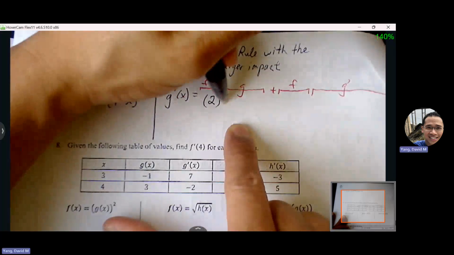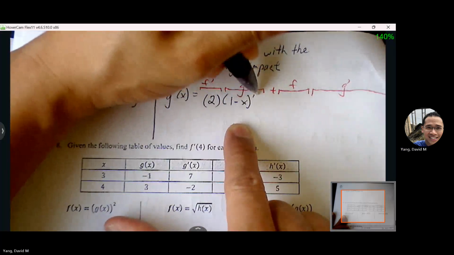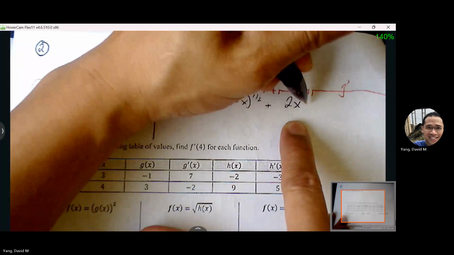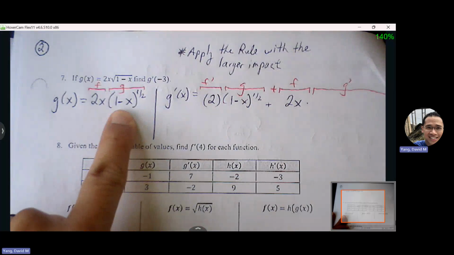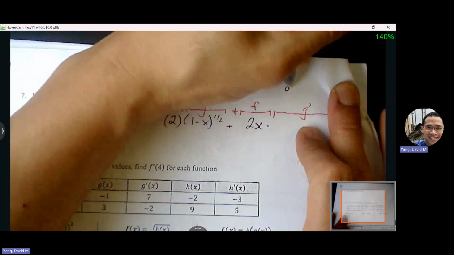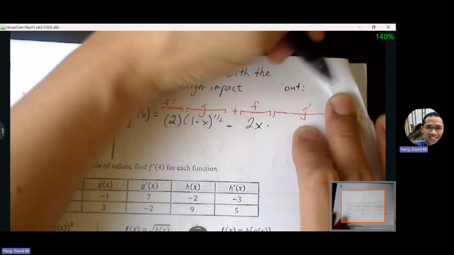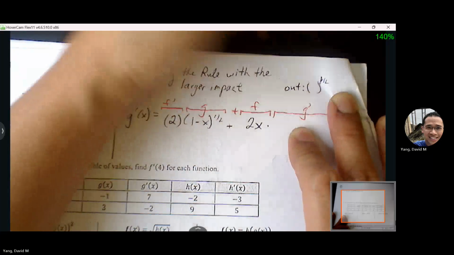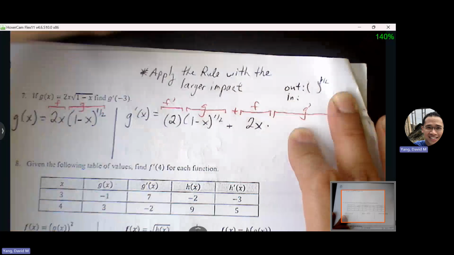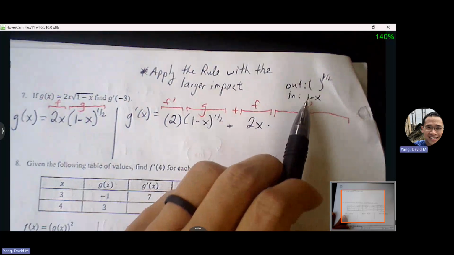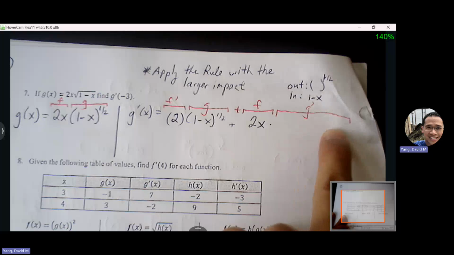G, no changes. Back to F, no changes. And G prime is where we got to involve chain rule, right? So within G prime, there's an outside portion. And then the inside portion. And then we take turns with each derivative, and all that's going to go into space here.